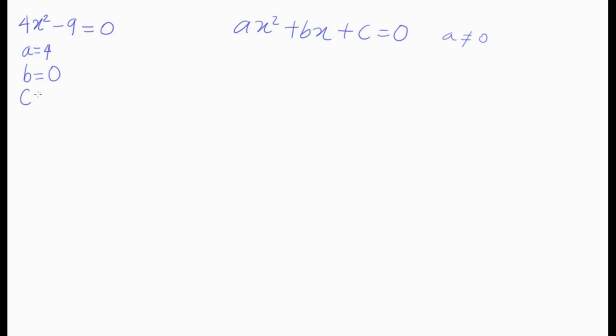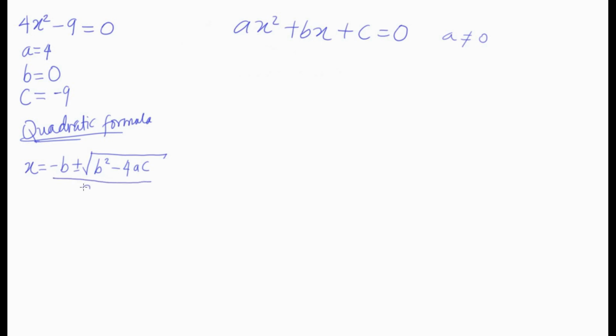For c, which is the constant, we compare to this equation, and c here is -9. So now that we've broken down the equation, we apply the quadratic formula, and we know the quadratic formula is x equals -b plus or minus the square root of b squared minus 4ac, over 2a.